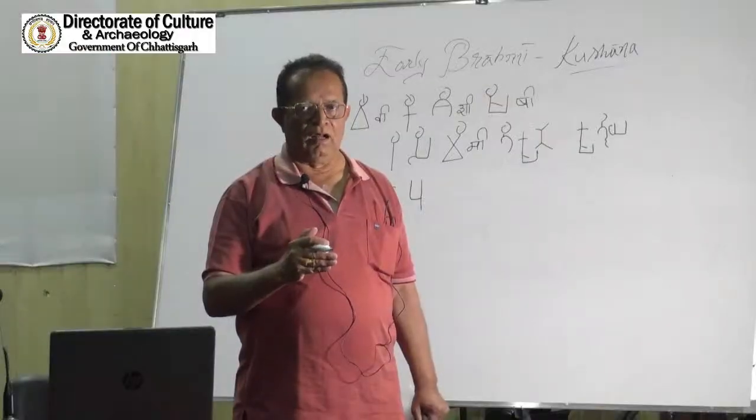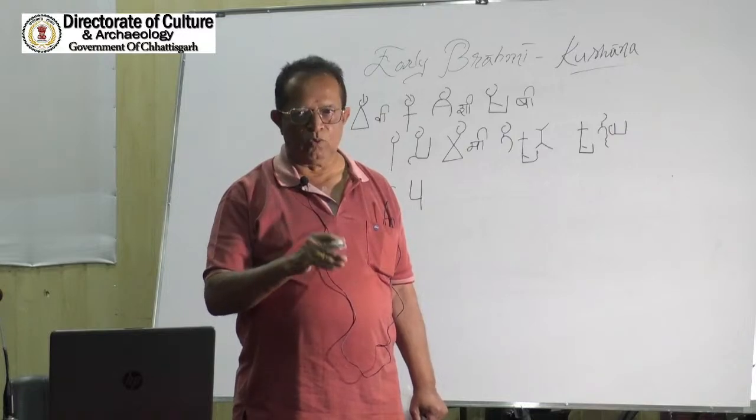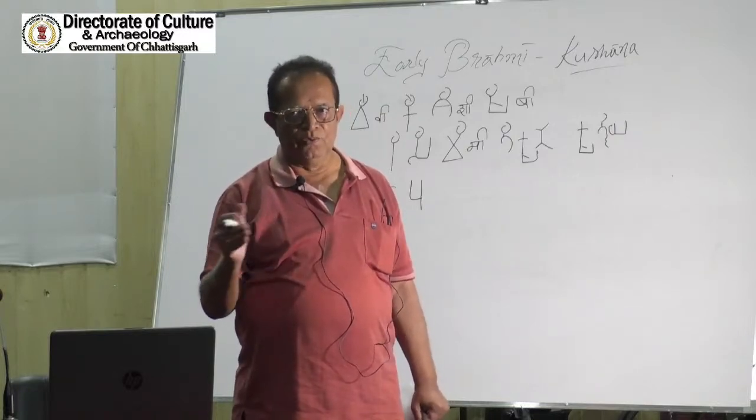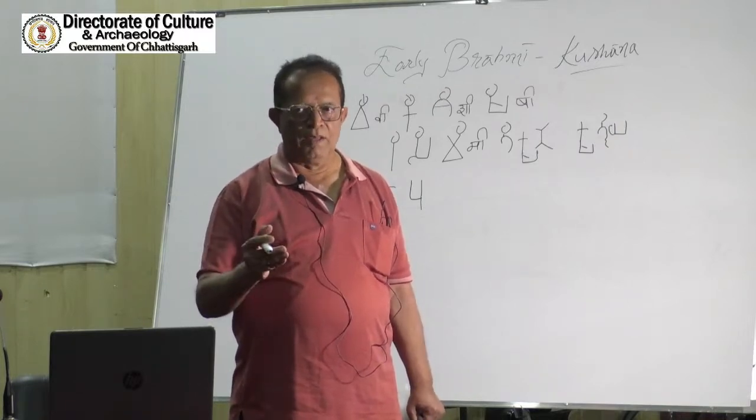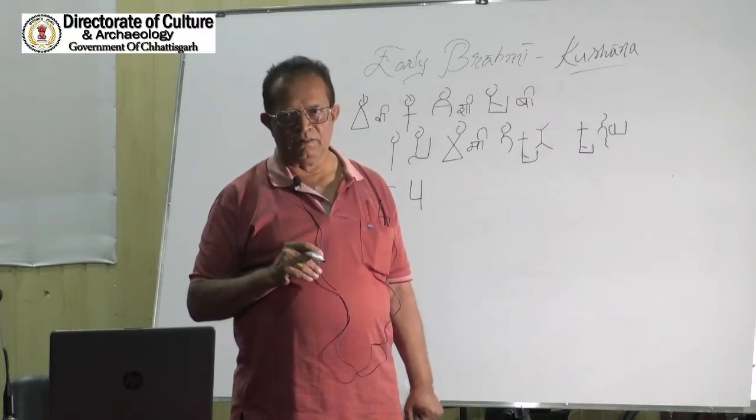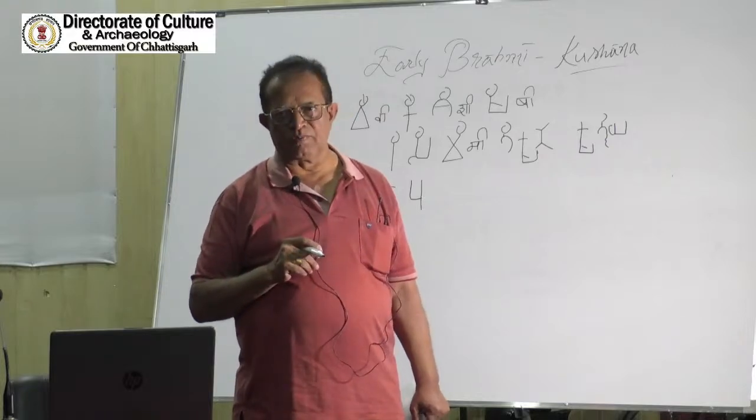What is the difference between the earlier known ones, and what are the new aspects in this new inscription? Maybe with the calligraphical aspects, maybe connected with orthographical things, or some new terms which you come across, administrative terms or economic terms or some tax terms, many things.